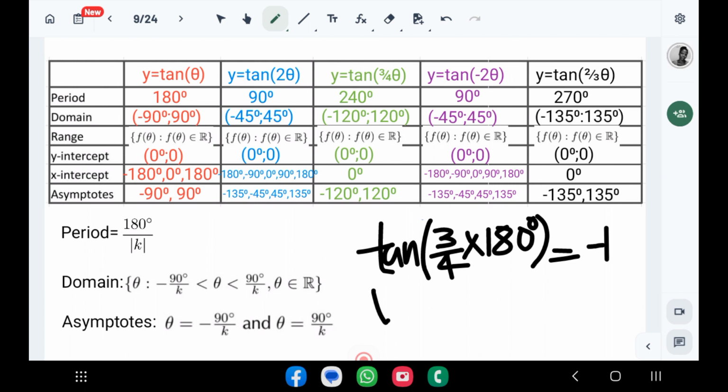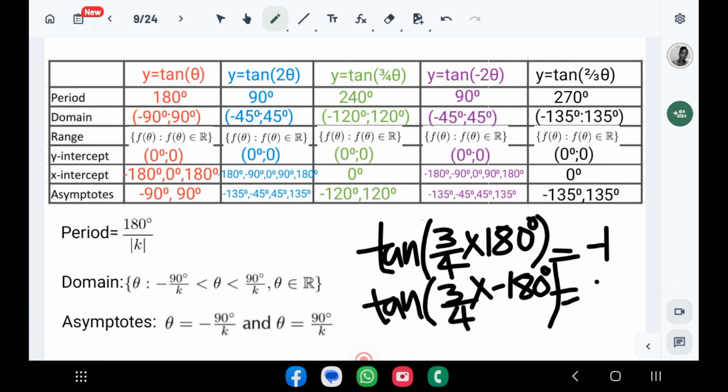Let's calculate the other one as well at negative 180 degrees. Same story. So instead of 180, we're dealing with negative 180 this time. And that will give us positive 1.